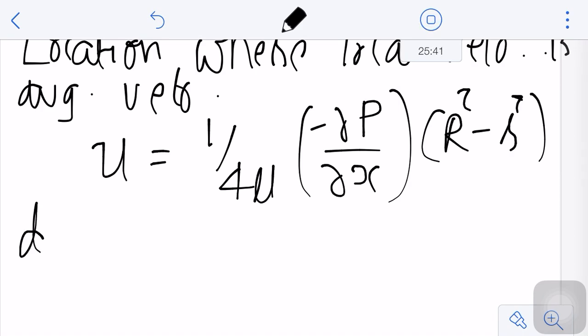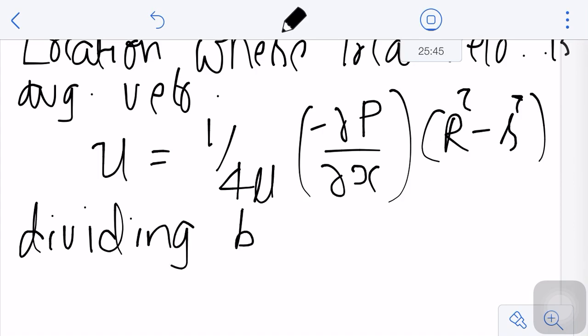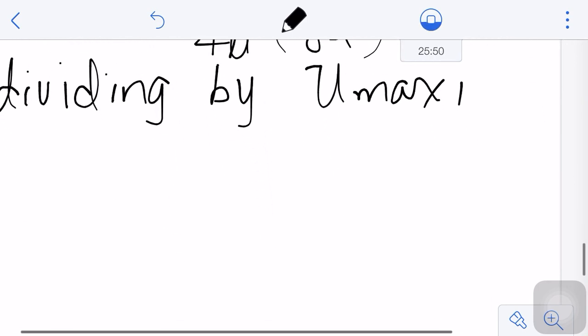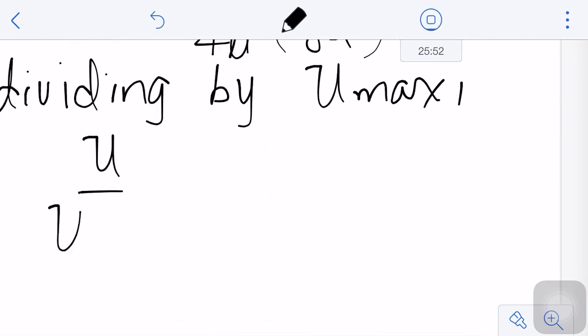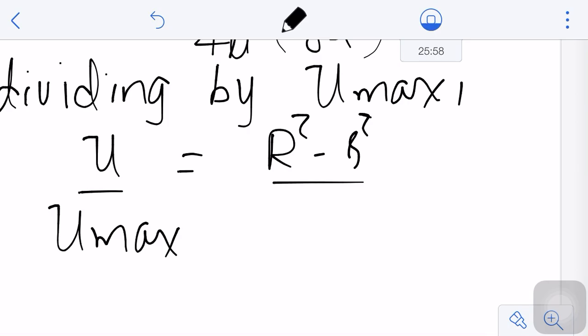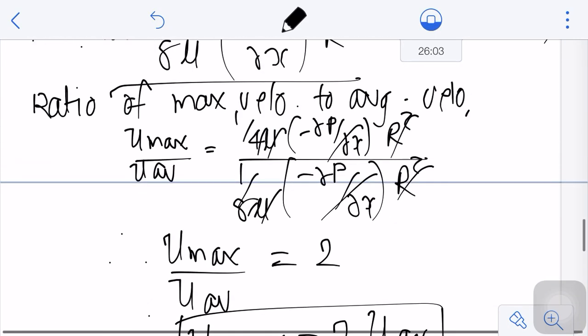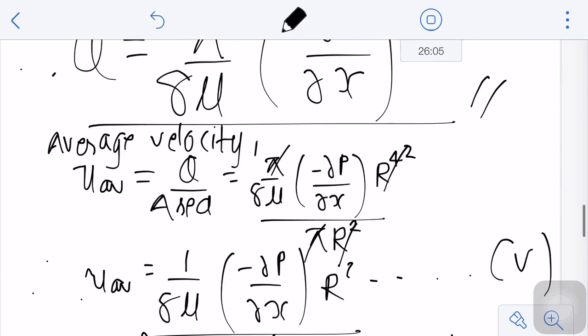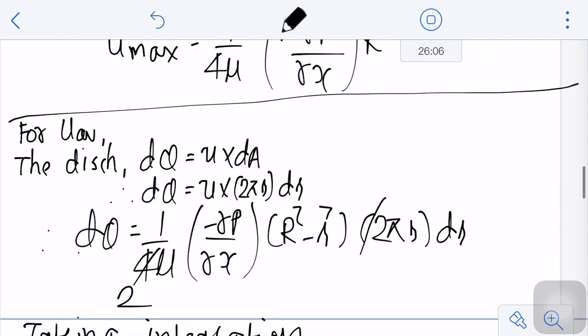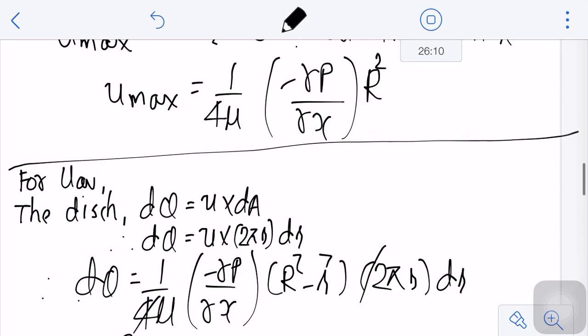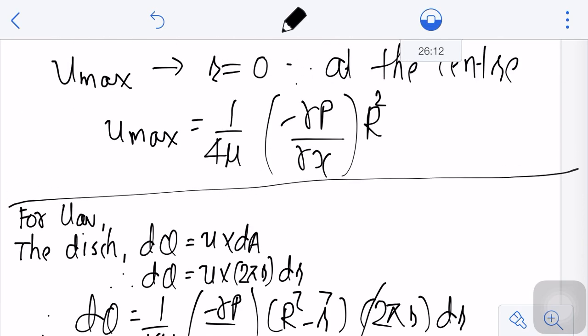So dividing by u max, what we can say is that u upon u max would be equal to (R square minus small r square) divided by capital R square, because u max, as we have just discussed, is nothing but 1 upon 4 mu into (minus curly p upon curly x) into capital R square.